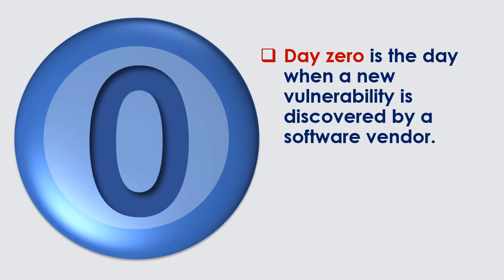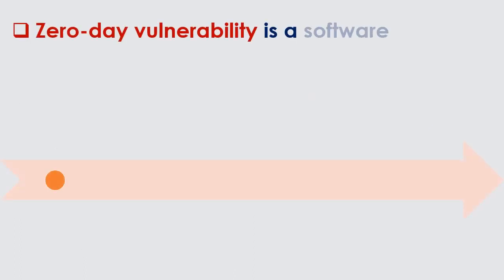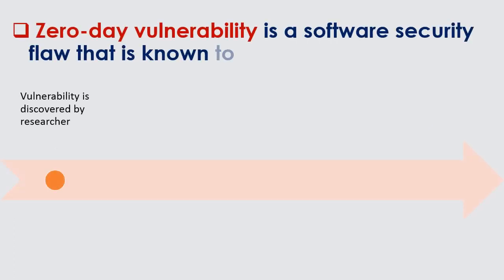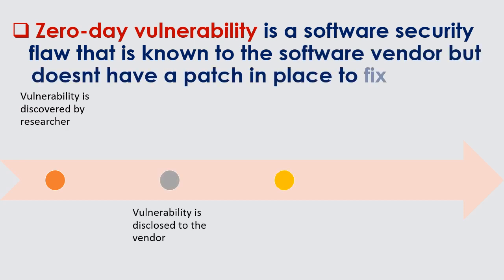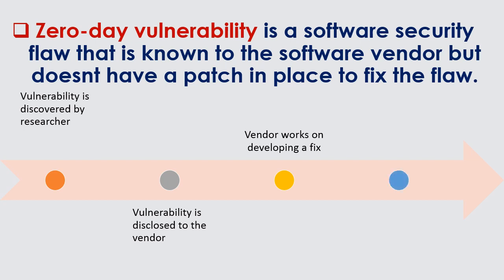From that moment of 0-day detection, the clock is ticking for the software vendor to produce a patch as quickly as possible. 0-day vulnerability is a software security flaw that is known to the software vendor but doesn't have a patch in place to fix the flaw. It has the potential to be exploited by cybercriminals.